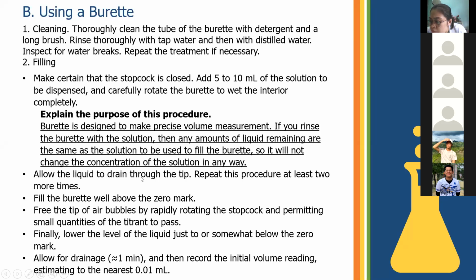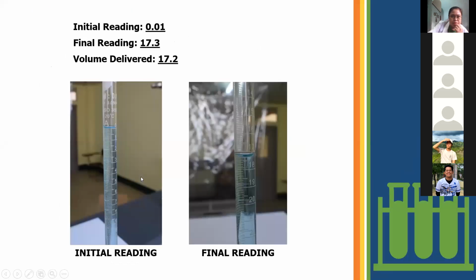Finally, lower the level of the liquid just to or somewhat below the zero mark. So lastly, allow for drainage approximately 1 minute and then record the initial volume reading. Estimate to the nearest 0.01 milliliters. So that's how you fill the burette.